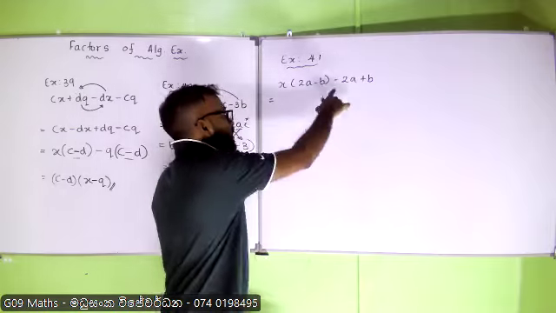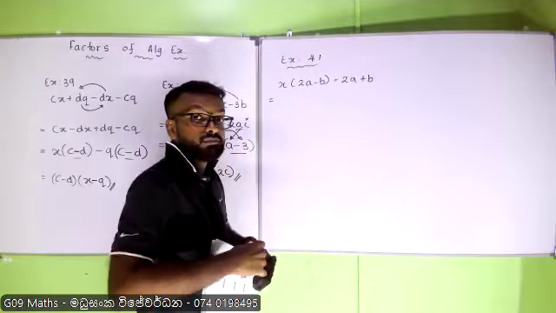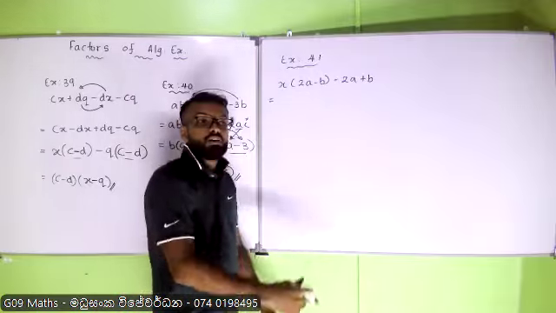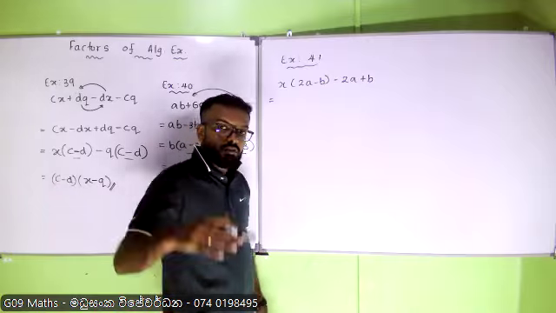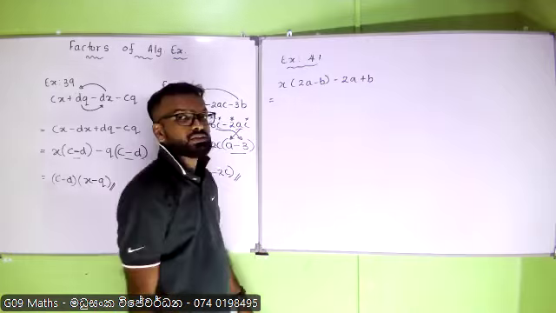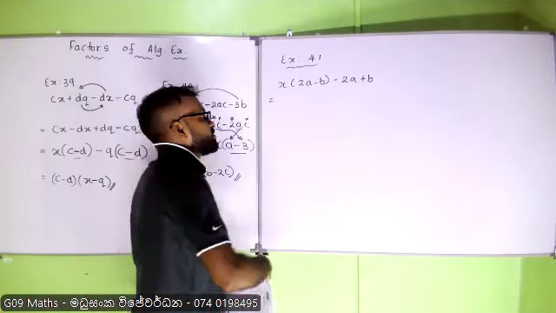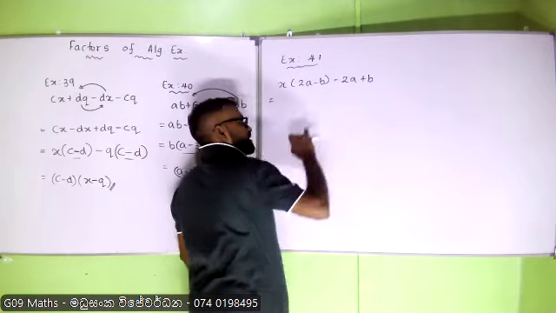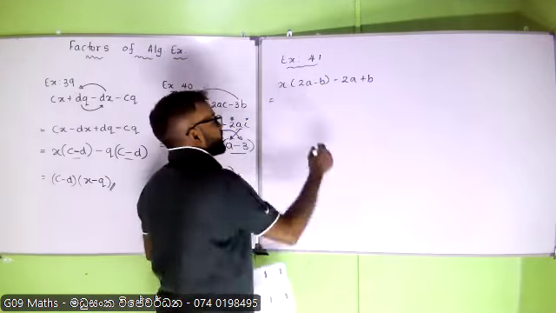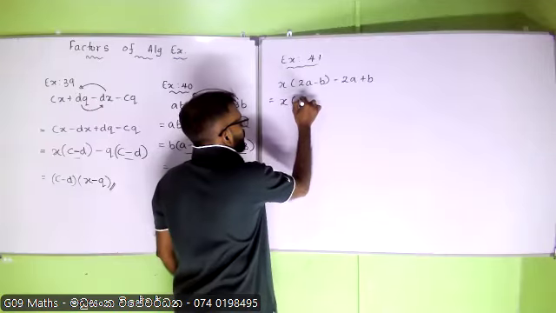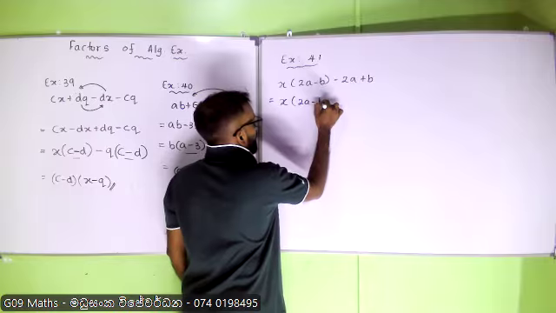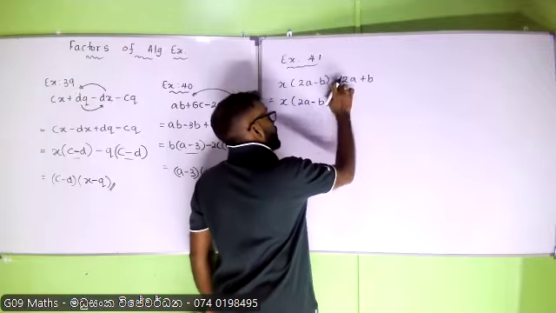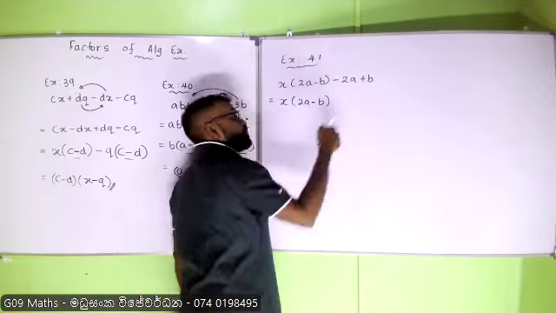They have already given you one factor, 2a minus b. So you need to make sure that you have 2a minus b here as well. So here you have 2a minus b, and here you have minus 2a plus b.